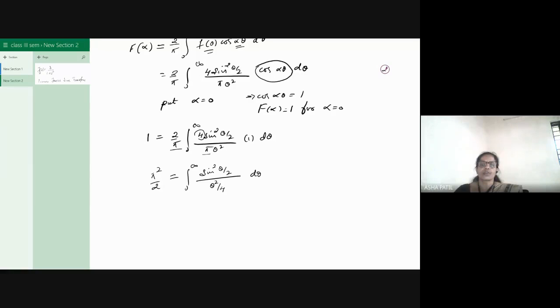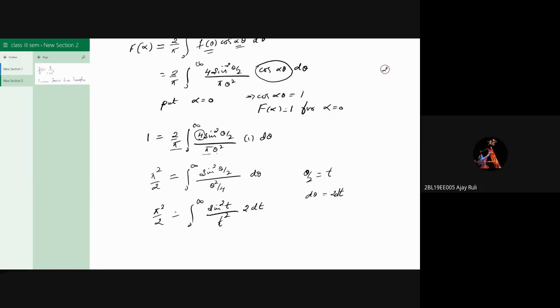I have taken this 4 to the denominator. Now if theta by 2 is equal to t, then d theta is equal to 2 dt. Substituting that, integration from 0 to infinity, sine square t divided by t square, d theta is 2 dt. So if you bring this 2 to the other side, what will you have? Pi square by 4.